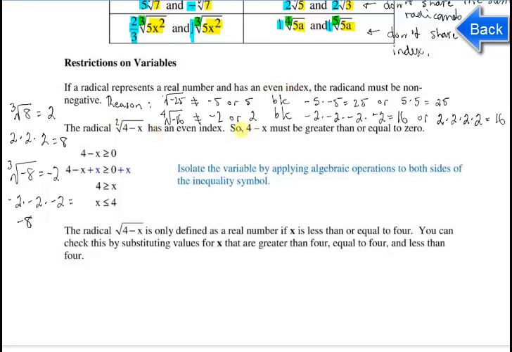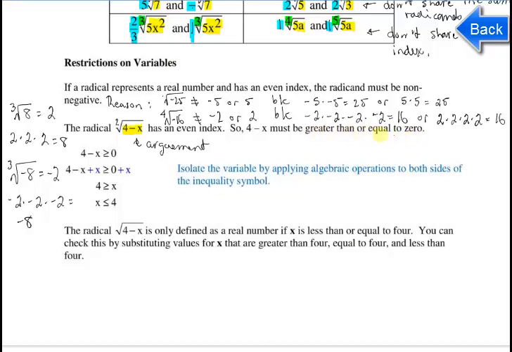So that means that the 4 minus x, which we're going to call our argument, the expression which is inside the bracket is called the argument, must be greater than or equal to 0. That means that it has to be positive or equal to 0.